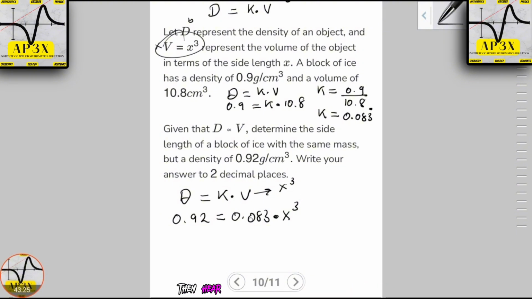So here, if we divide this into this, that's 0.92 divided by 0.083 recurring, 0.92 divided by 0.08333, I could add a couple more threes. I should get here that this is equal to x cubed.